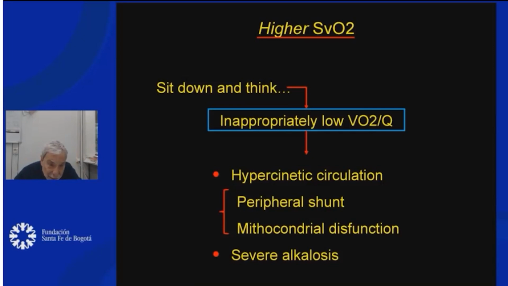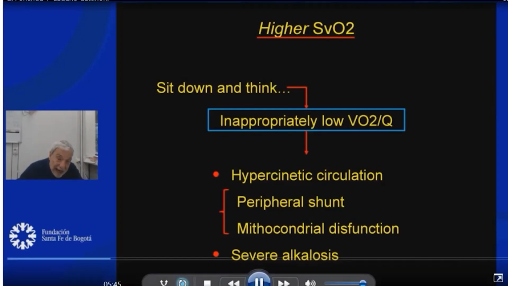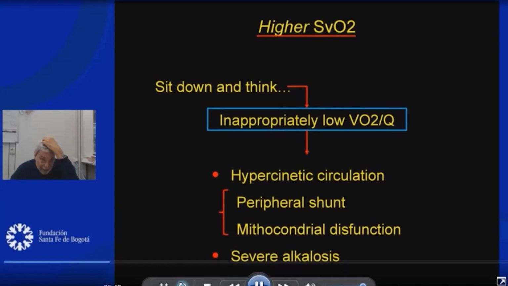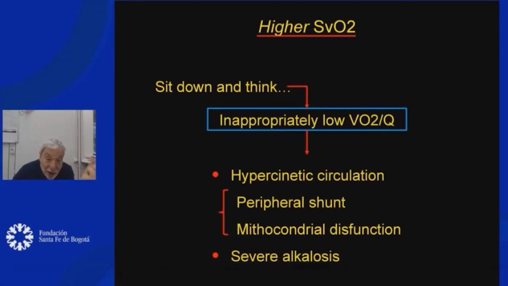High SVO2 means that the ratio between oxygen consumption and oxygen supply is inappropriate, something is wrong. I have less oxygen consumption than necessary, so the saturation goes up. This may be due to hyperdynamic circulation, peripheral shunt or mitochondrial dysfunction, which is impossible to discriminate with the instruments we have now. And we may also have some severe alkalosis which changes the hemoglobin saturation curve.